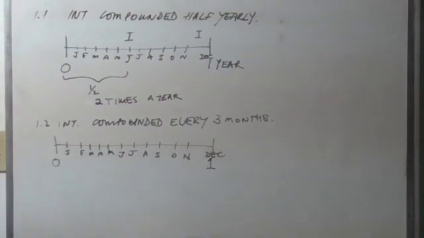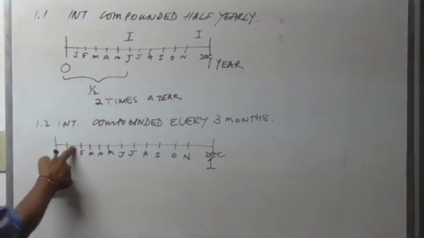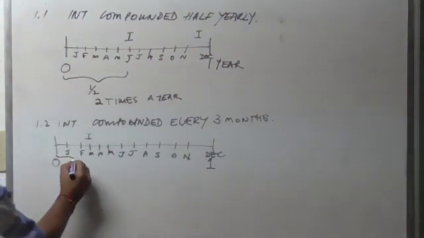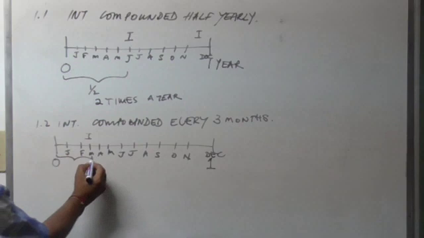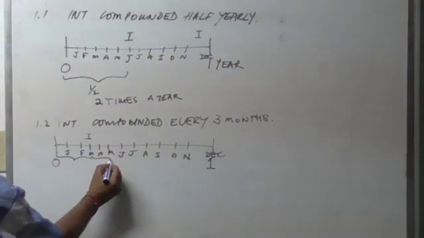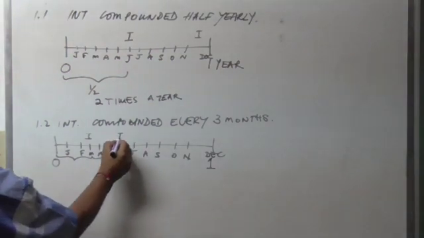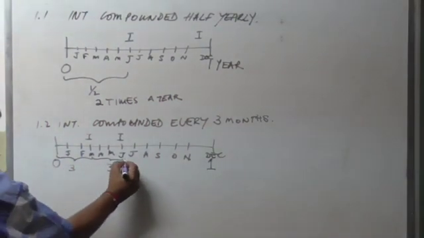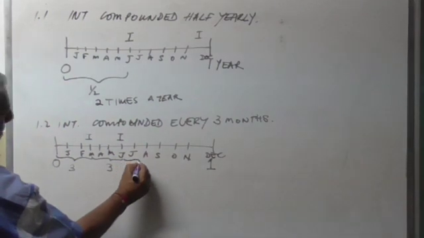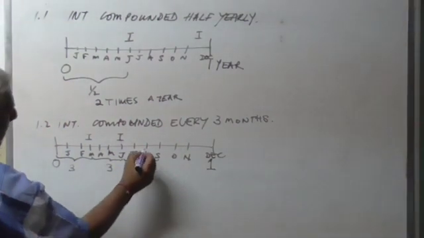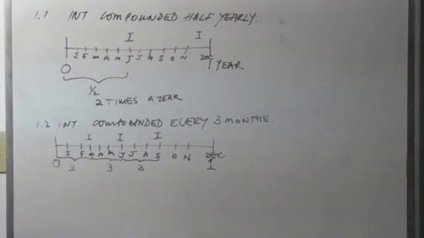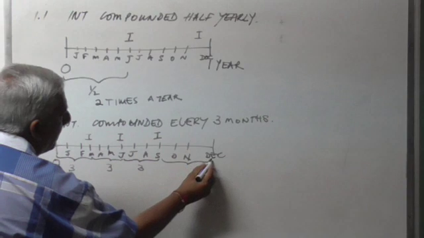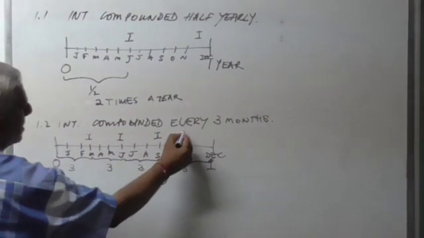Now you get interest every 3 months. So 1 month, 2 months, 3 months. So you get interest after 3 months. Then 1, 2, 3. You're getting interest again after 3 months, after 3 months. Then 1, 2, 3. After 3 months you're getting interest again. And then you're getting interest again.